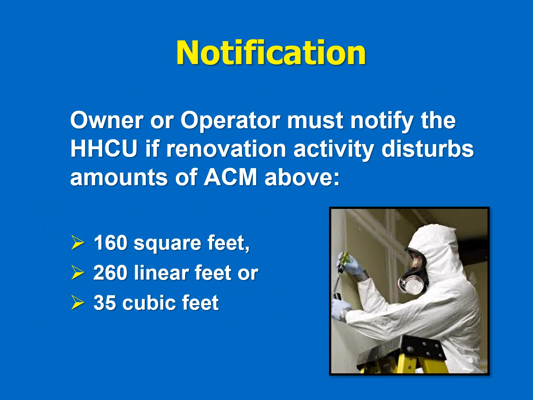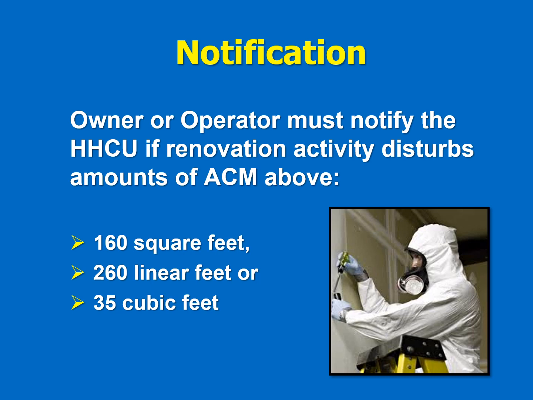In line with this, we have notification, where the owner or the operator must notify the HACU if the renovation activity disturbs the amounts of ACM below. Those numbers are 160 square feet of material, 260 linear feet, or 35 cubic feet of material.